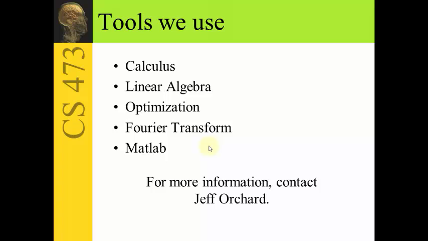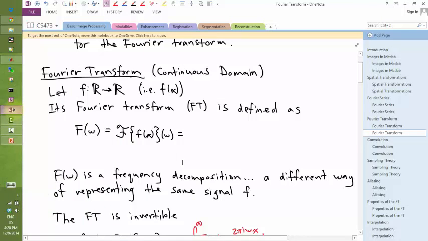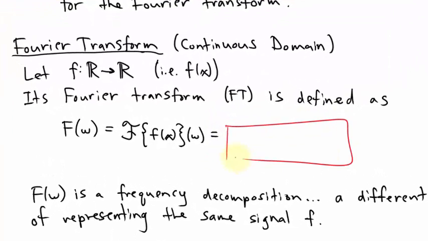So just before I'm done here, I'd like to show you a little bit about how the lectures go. I supply to you these notes, but they're not complete. So you can see this is just an example from a lecture where we're talking about the Fourier transform. You see there's this gap here, and so you come to lectures with these printed out, and then I fill them in and talk about it.